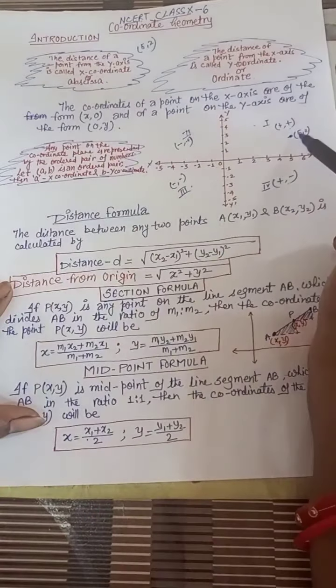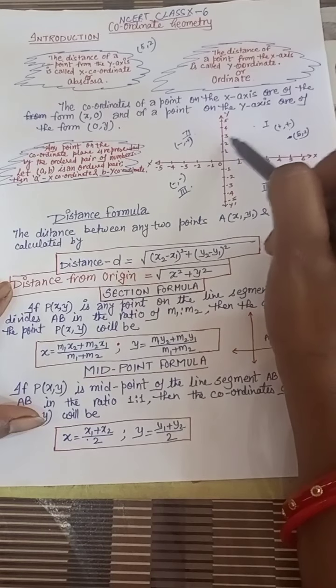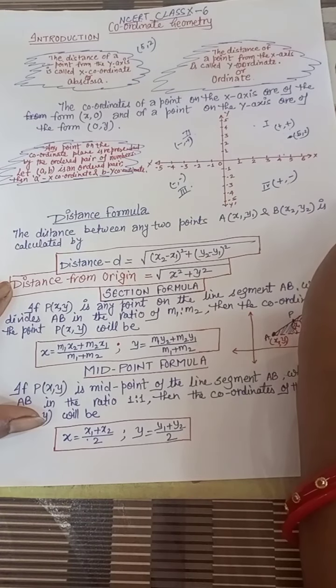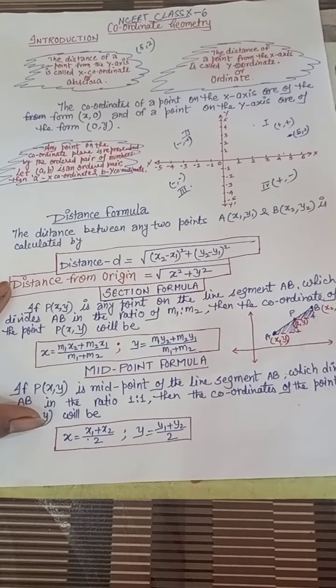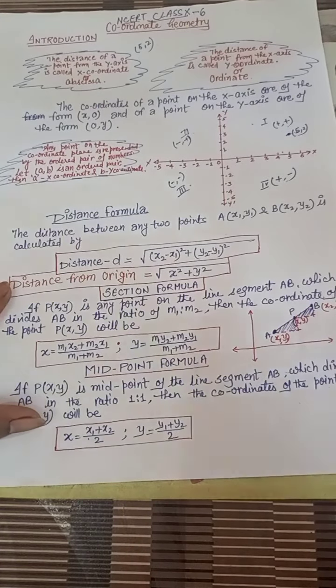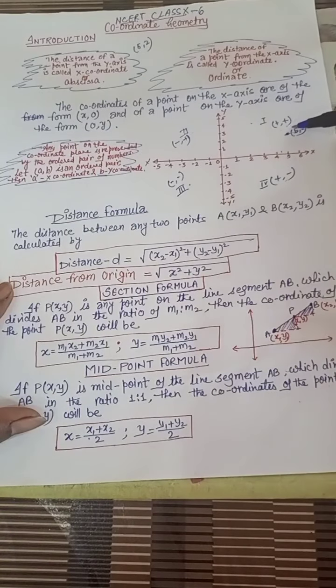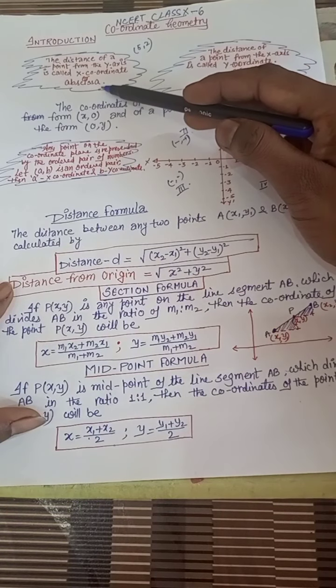So the point is 5 units from the y-axis and 2 units from the x-axis. What is the coordinate of the x-axis, or abscissa? It is the distance from the y-axis, and it is called the x-coordinate or abscissa.